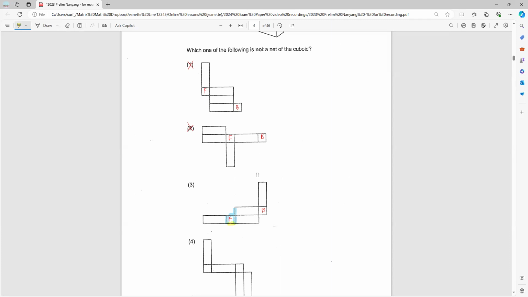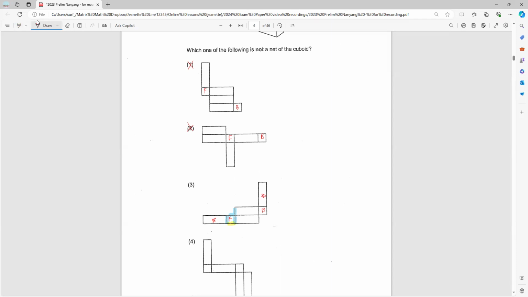And if you fold this down, right, you'll end up with this and this overlapping. Okay, not sure if you can imagine.